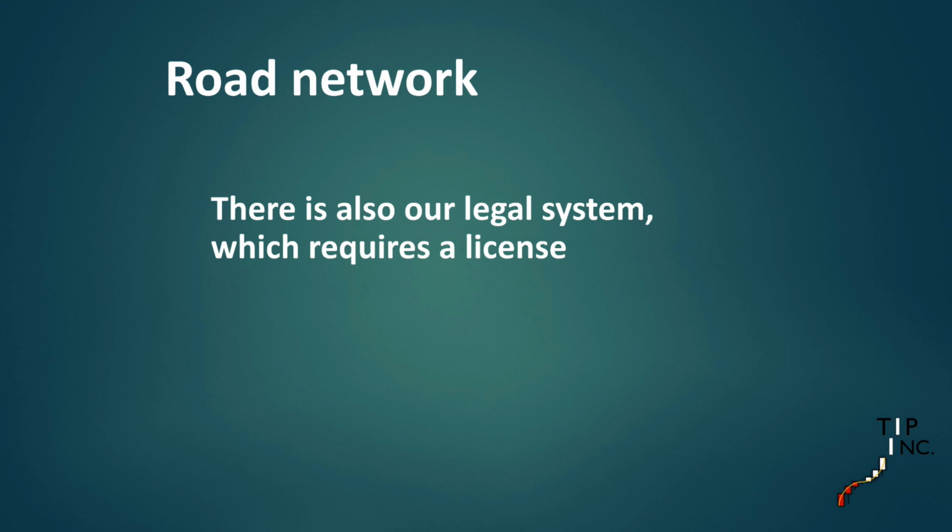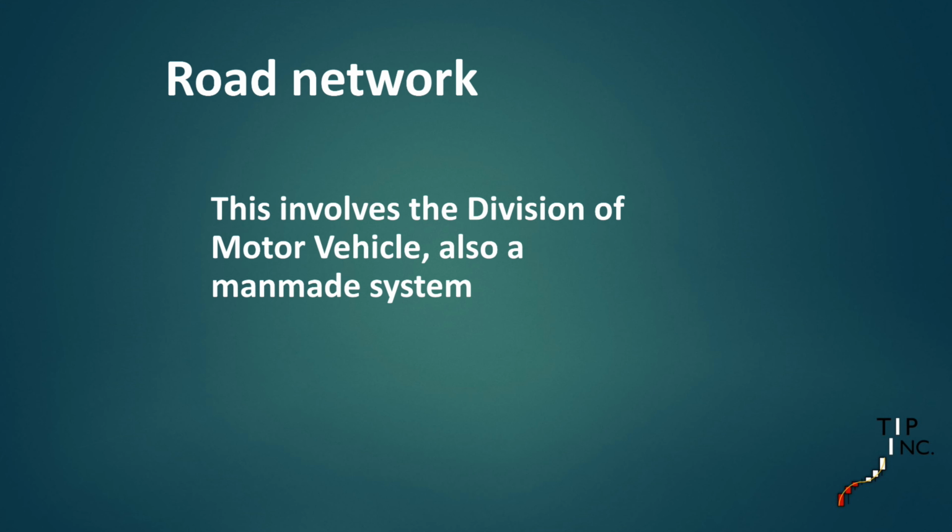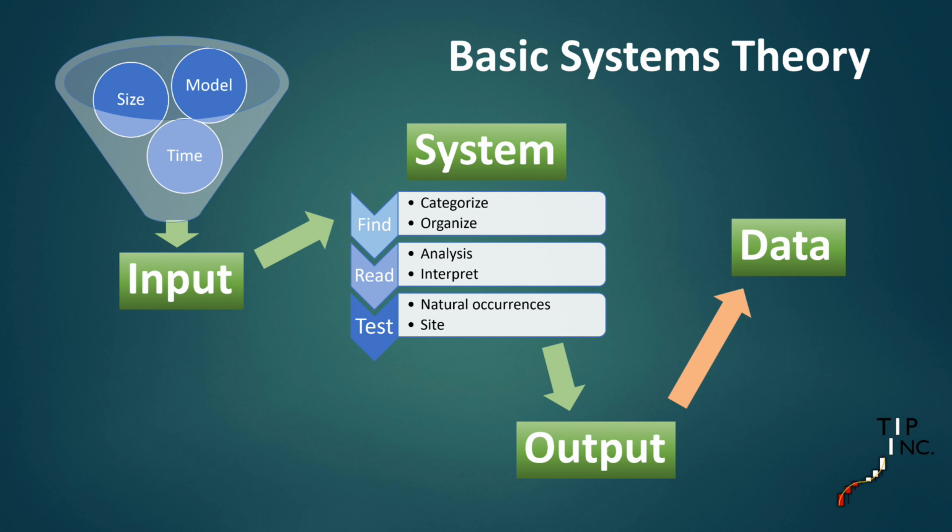And there's also our legal system, which requires a license for you to drive legally. And this involves going to the Division of Motor Vehicles, which is a man-made system to govern the laws of the road, right?